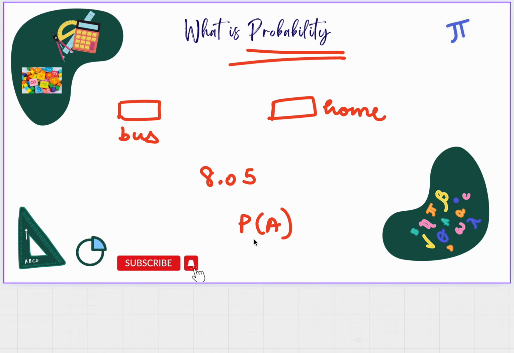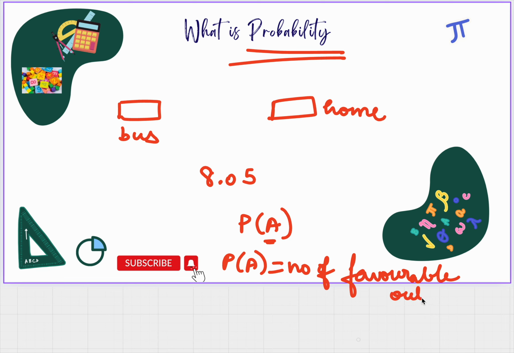So P of A means the probability of occurrence of A, and it is given by P of A equal to the number of favorable outcomes divided by the total number of outcomes.